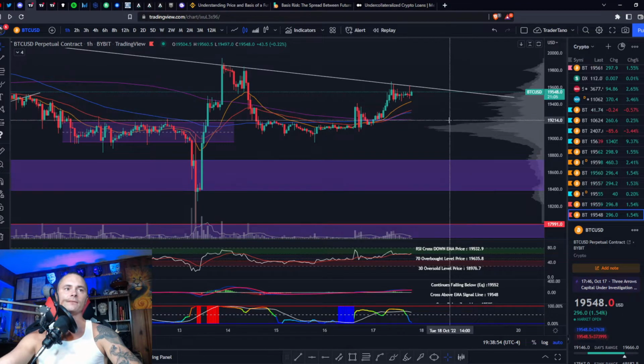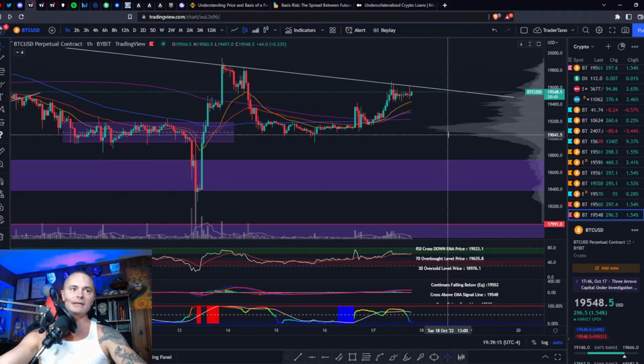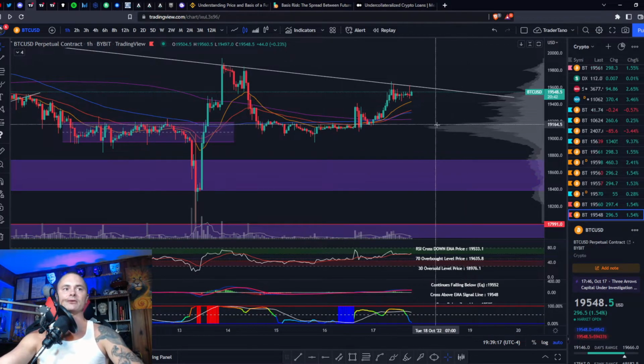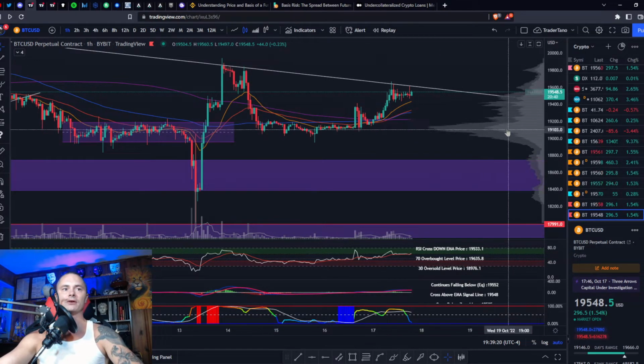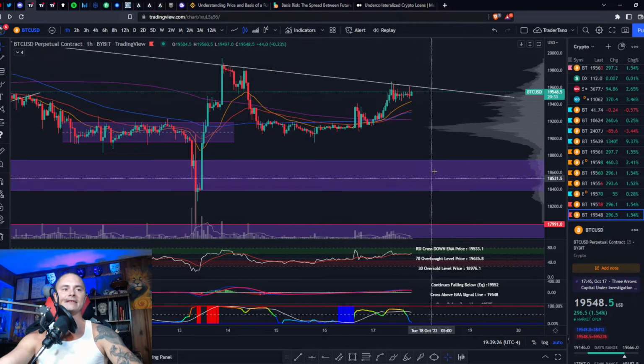Now, if we break the 200 at basically 19,225, I would expect a small bounce at the 19,125 region, probably back up to 19,225, and then resumption down, probably another bounce somewhere around 18,950. But you've got your POC, point of control, in the VPVR right here to your right, which measures horizontal volume at a certain price level. If we break that, we're probably going to 18K again.